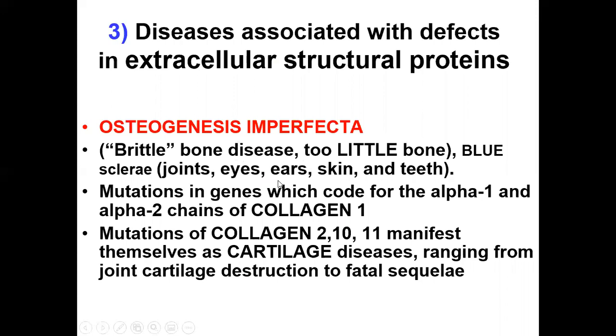Blue sclera, it affects joints, eyes, ears, skin, and teeth. So mutations in genes which code for the alpha 1 and alpha 2 chains of the collagen type 1. And then mutations of collagen 2, 10, and 11. They manifest as cartilage diseases.